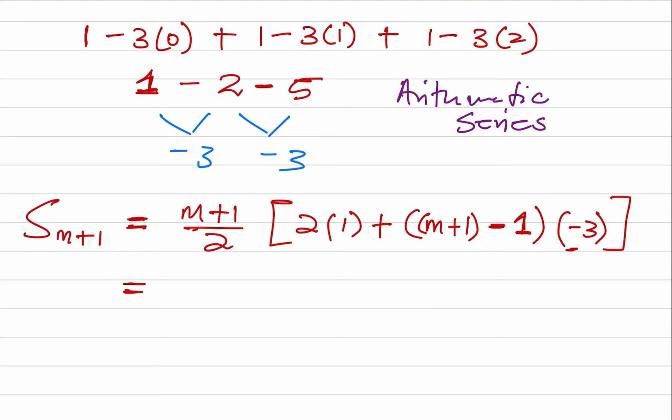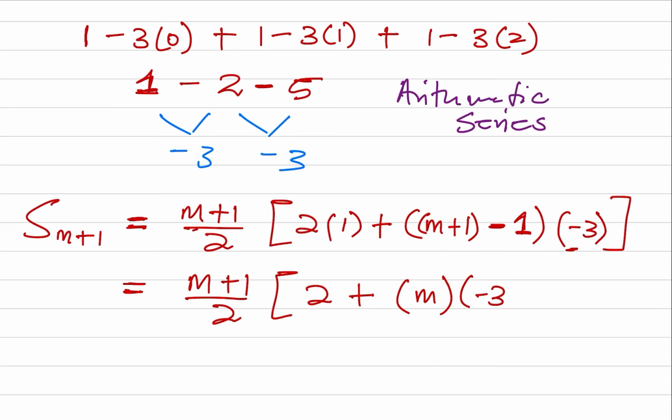All right, let us continue. So m plus 1 divided by 2 into 2 times 1 is 2, plus, here we have m, because 1 minus 1 is 0, so we have m times negative 3. Then we close our bracket.